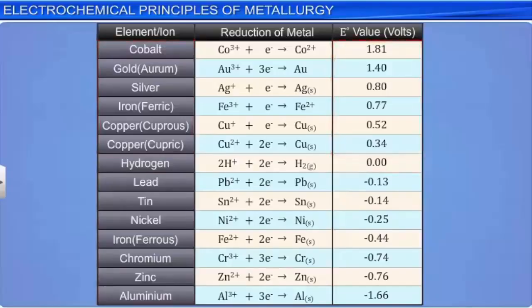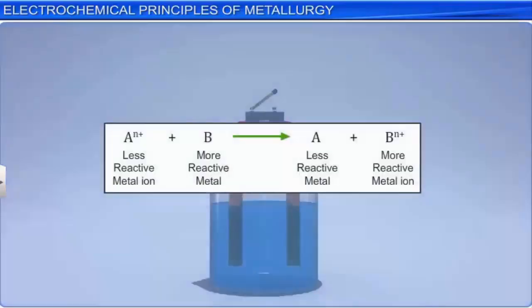If the difference between the E naught values of two metals is positive, then the value of delta G naught will be negative. Hence, the less reactive metal will come out of the solution and the more reactive metal will go into the solution.